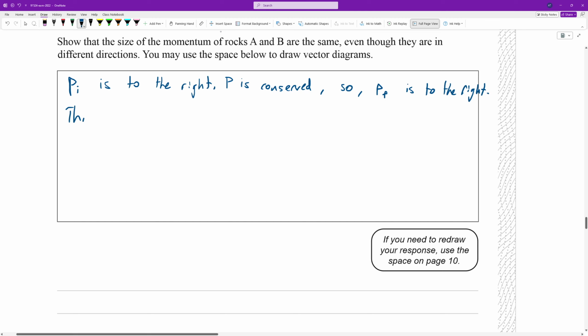This means that the vertical components of PA and PB must be equal.